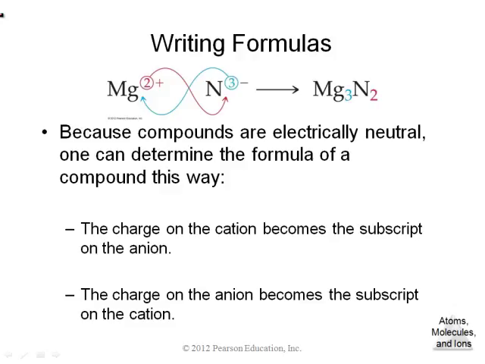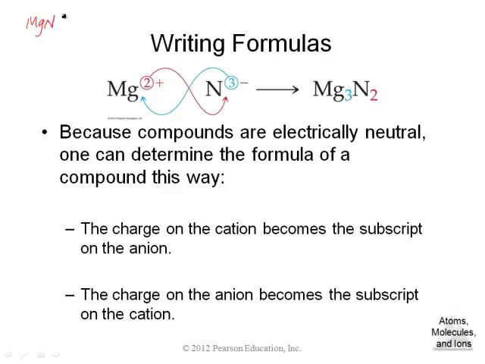So once again, let's take Mg2+ and N3-. If you take one Mg2+ and one N3- and join them together, and just write MgN, is that electrically neutral? It is not. Here is 2 plus and 3 minus, so they are not cancelling each other, right?